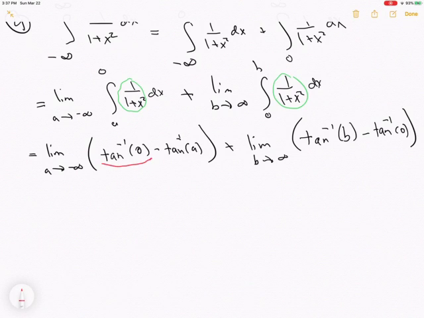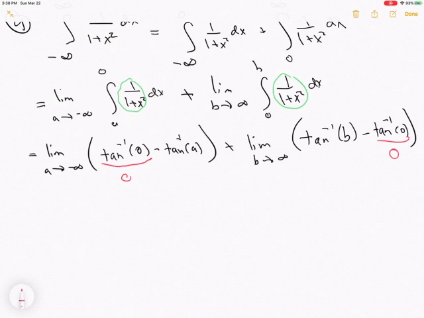So tan inverse of 0, that's like saying what angle has tan equal to 0. We know that if you have 0 degrees, sine of 0 degrees is 0, and cosine of 0 degrees is 1, so tan would be 0 over 1. So this thing is actually 0, so both of these are 0.